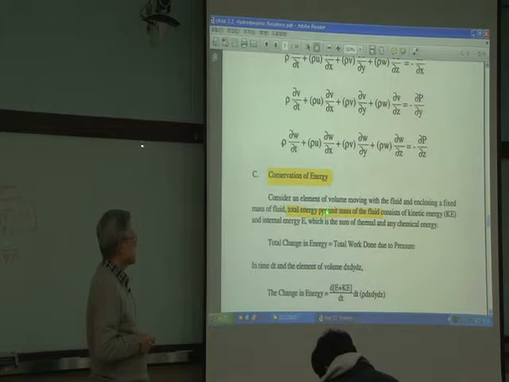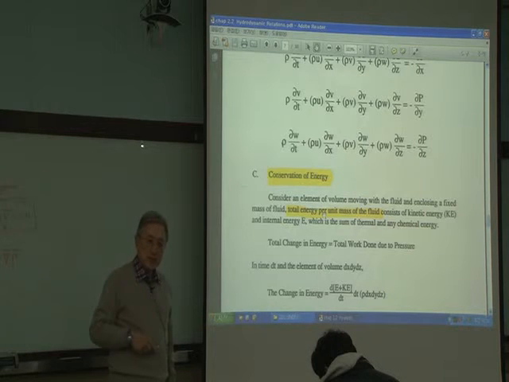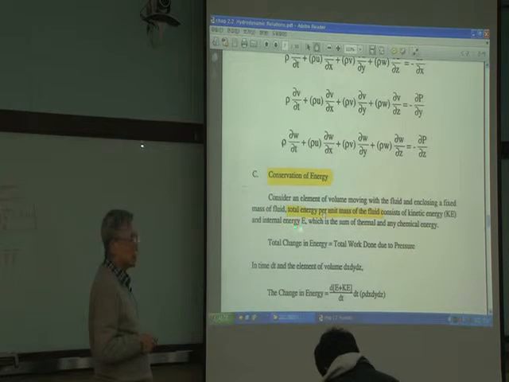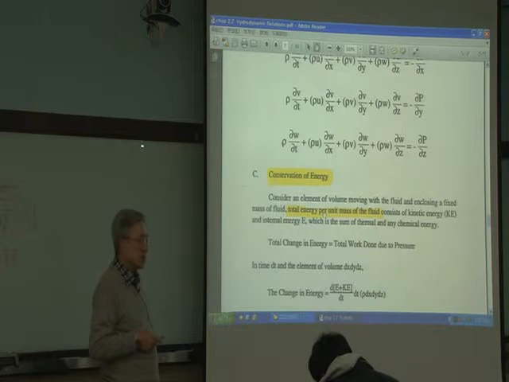Total energy per unit mass of the fluid consists of kinetic energy, we want to say K, and internal energy, whatever exists in there. E is internal energy, K is kinetic energy due to the motion, the fluid particle velocity itself.